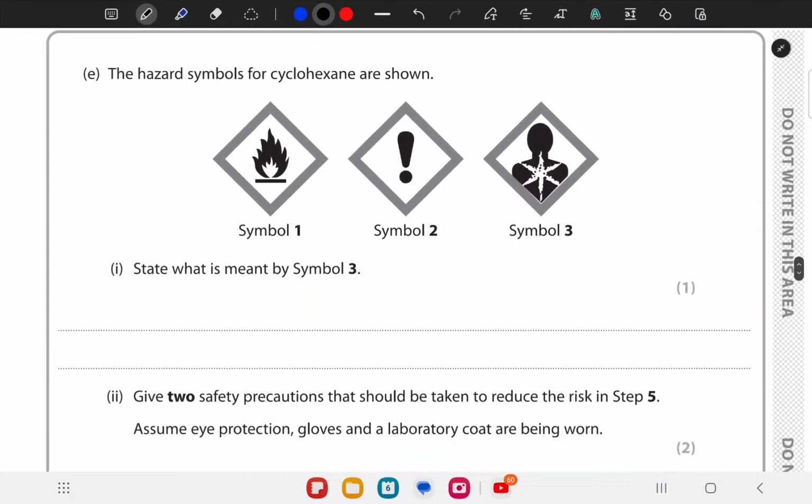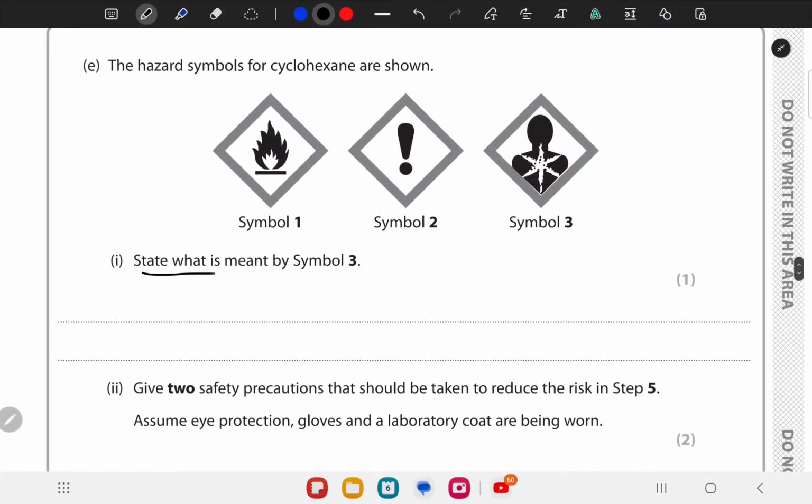Now moving on to part E, we have to state what is meant by symbol 3. This is the symbol of a serious health hazard. This is a health hazard. This is the symbol for flammable stuff. It's better to write serious health hazard over here.